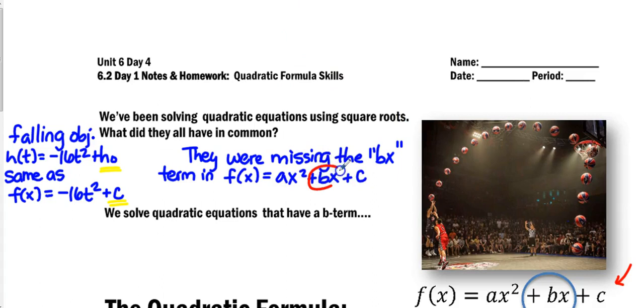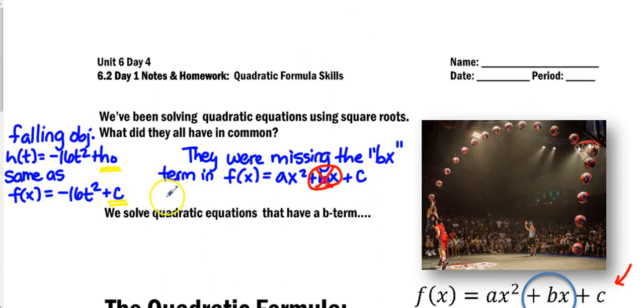So this was missing. See, we have our squared term, negative 16t squared, and we have that number at the end with no variable, but none of these in our model here, see here and here, neither of them have like plus 8t or minus 6t.